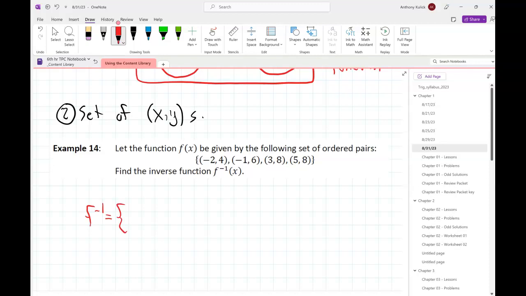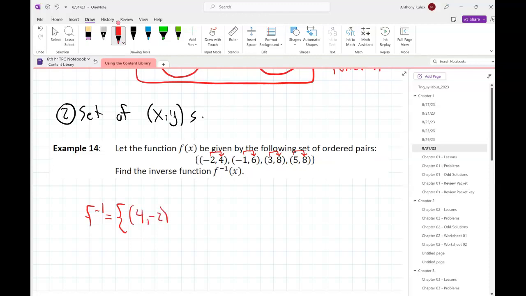So when I read this, what I really want to think about is what f does. It takes negative 2 to 4, takes negative 1 to 6, takes 3 to 8, and it takes 5 to 8, right? What would the inverse then need to do?